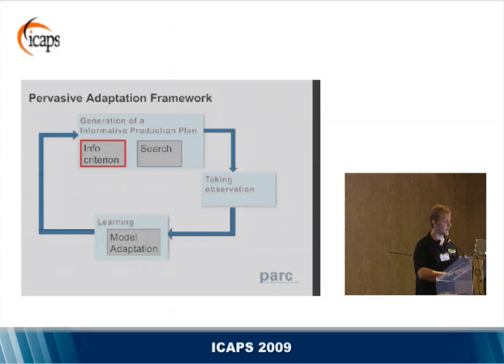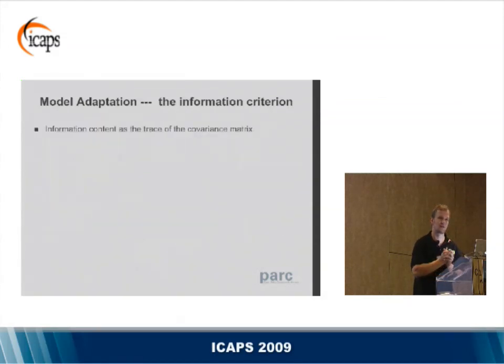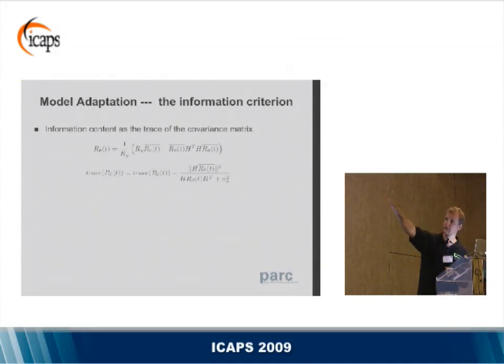So if we can do the model adaptation, now the information criterion comes into play. We use the trace of the covariance matrix as our confidence level. We can use this last update equation and reformulate it into the second equation.